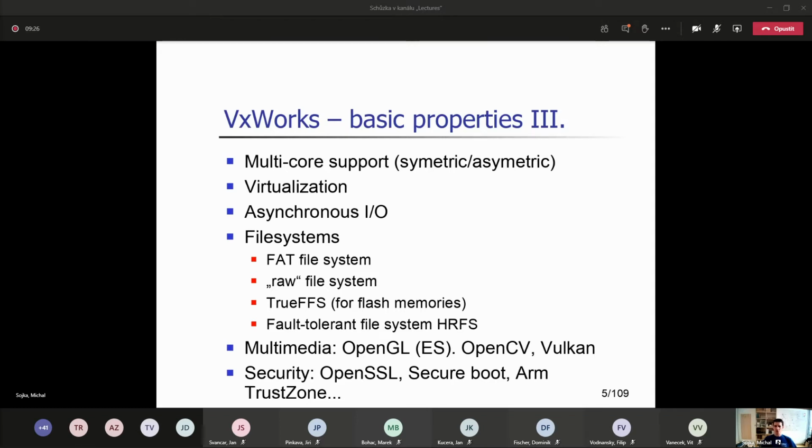We are not going to talk much about these things in this course, but if you happen to work in the aerospace industry where VxWorks is used quite often, you might be interested to know that these things are supported.